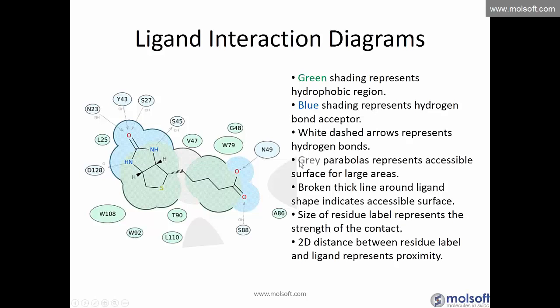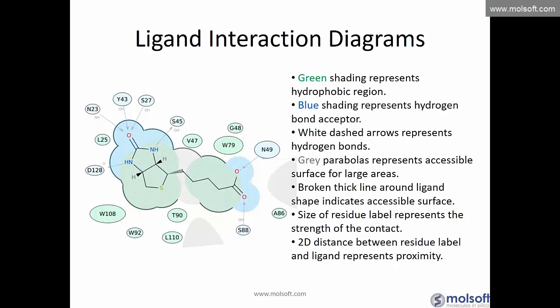When you see grey parabolas, it represents a surface accessible area, so you could build into that region. Broken thick lines, so here we have a thick line, now it's broken, indicates accessible surface area. Size of the residue label represents the strength of the contact, so this tryptophan is making a big contact.